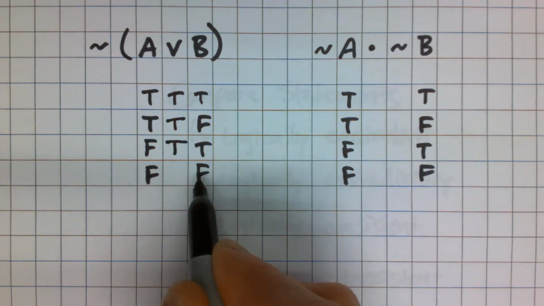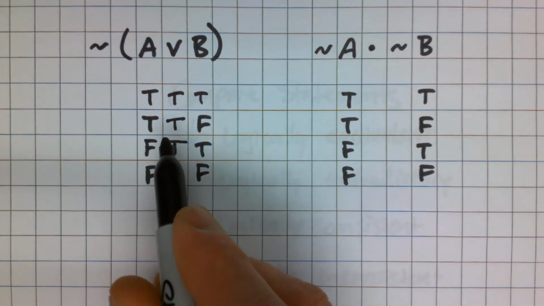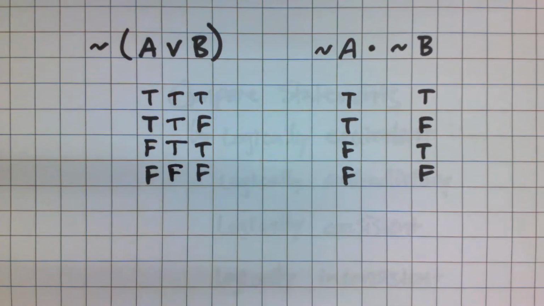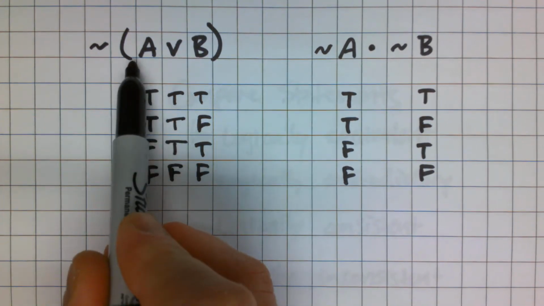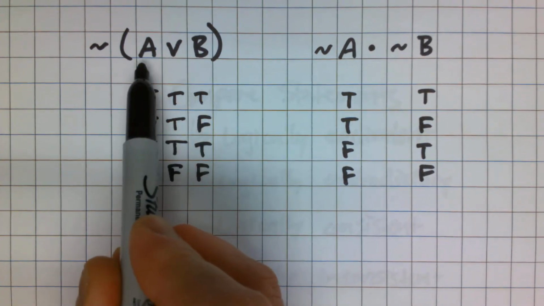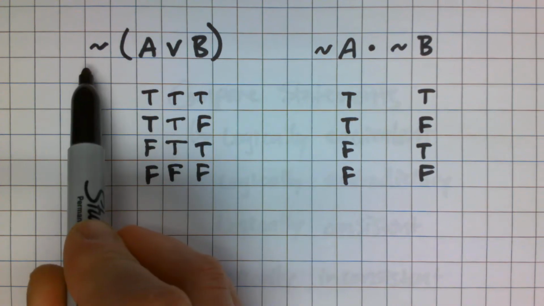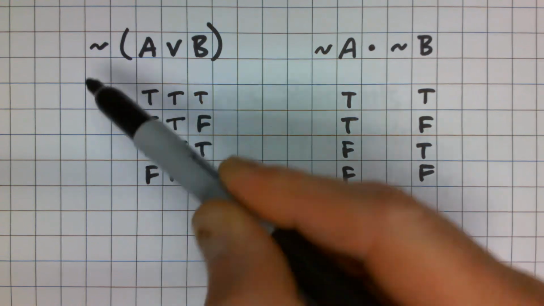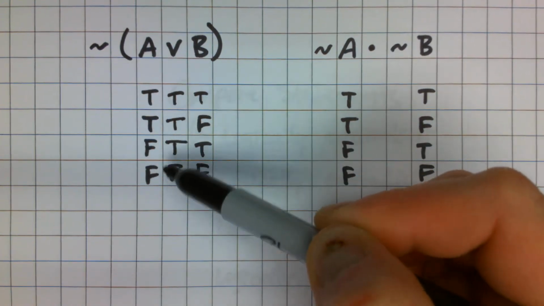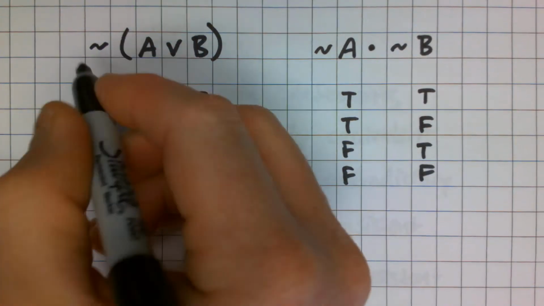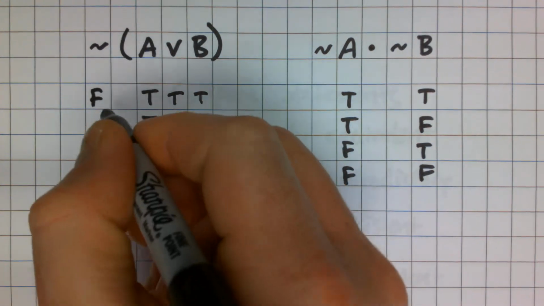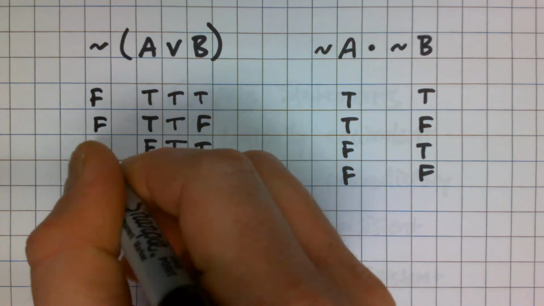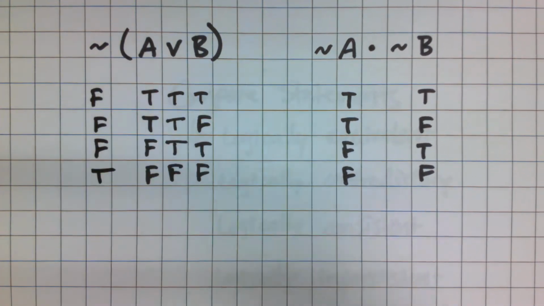But if A is false and B is false, then the claim either A or B is itself false. And now, when I go to the negation, because so far I was just considering the claim either A or B, but this formula says it is not the case that A or B. So now, under the negation, I put the opposite truth value for the claim that it's negating, which is the disjunction. So false, false, false, true.